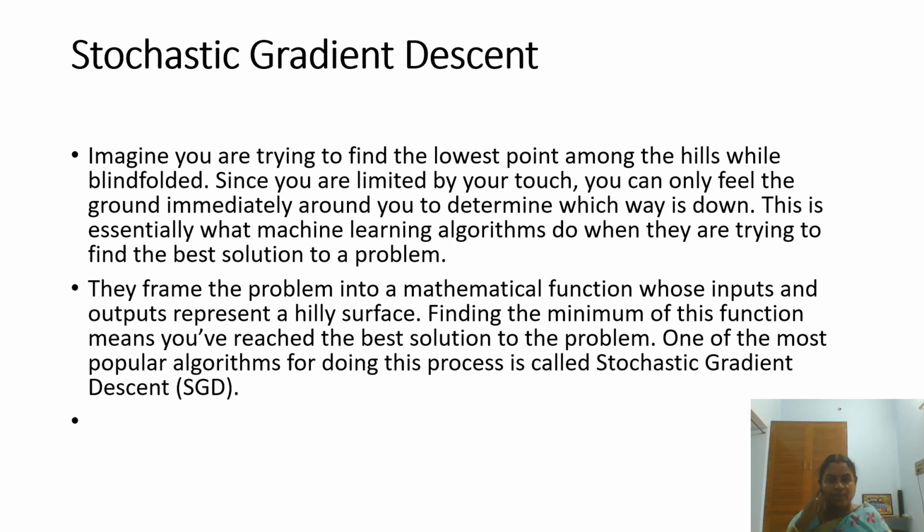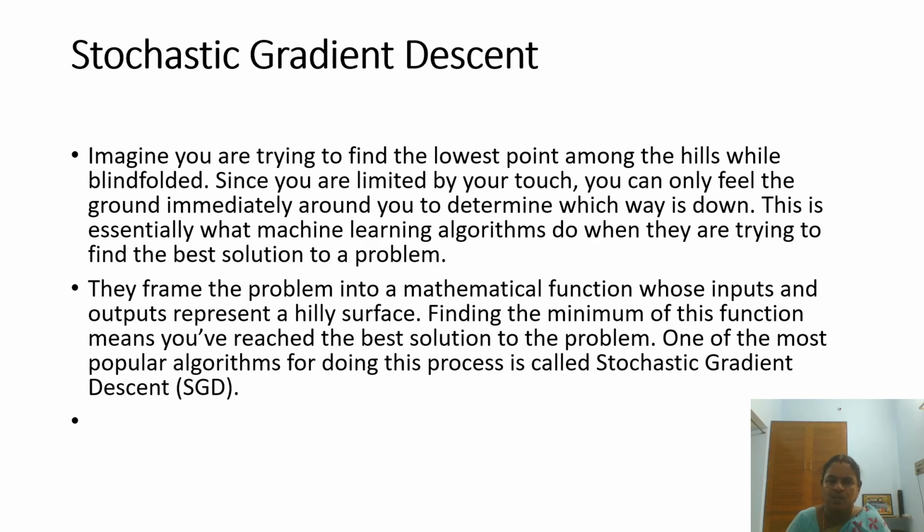So next we move on to the types, that is stochastic gradient descent. We can represent this with a simple example. So imagine that you are trying to find the lowest point among the hills while blindfolded. Since you are limited by your touch, you can feel the ground immediately around you to determine which way is down.